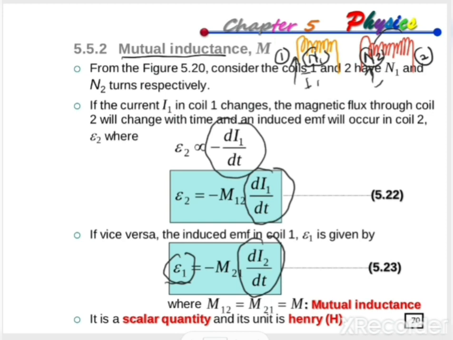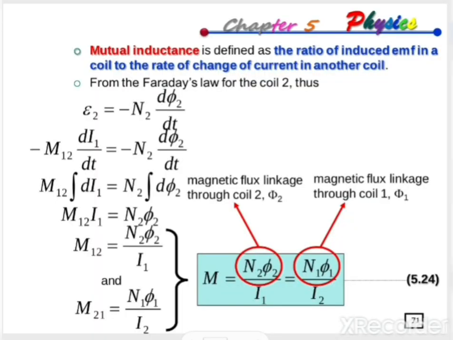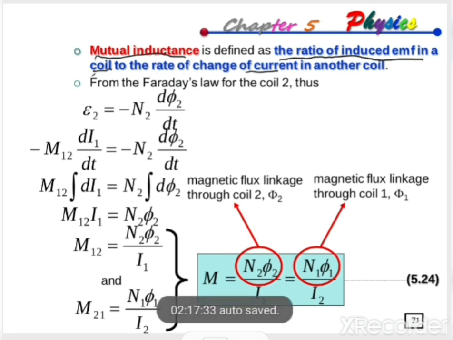Mutual inductance is a scalar quantity and the unit for mutual inductance is henry, with the symbol capital H. So, we can conclude that mutual inductance is defined as the ratio of induced EMF in one coil to the rate of change of current in another coil.